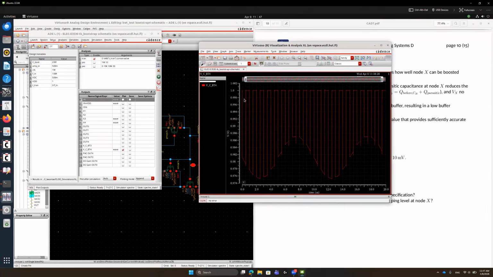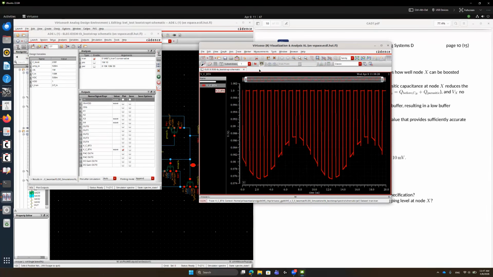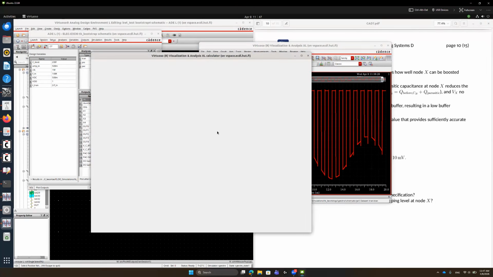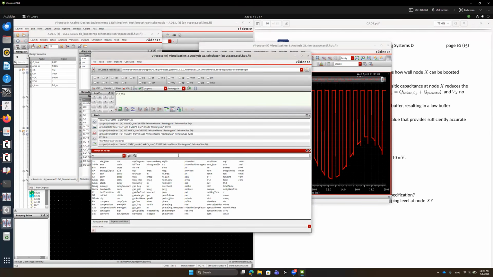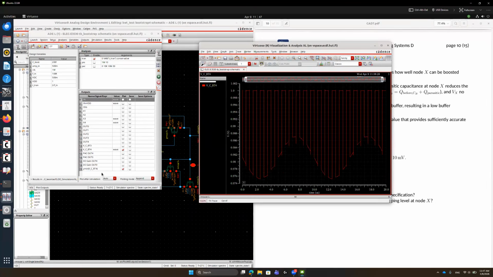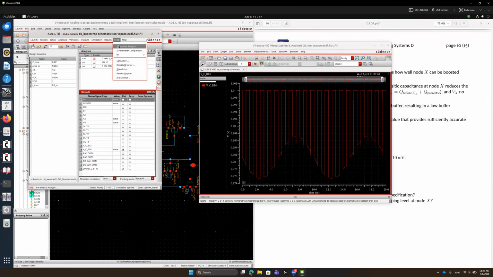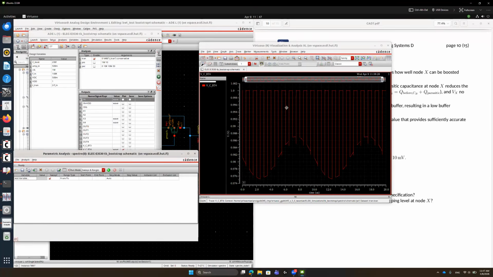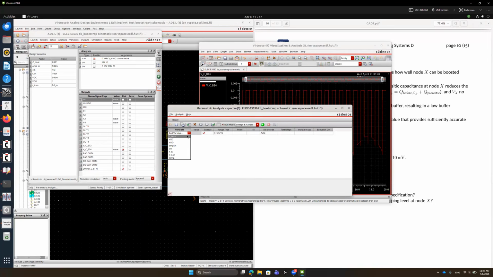So I can simply check this PT4. And in this case, I can calculate the minimum voltage here and save it as an output. Okay, then, yeah, we can run some parametric sweep.